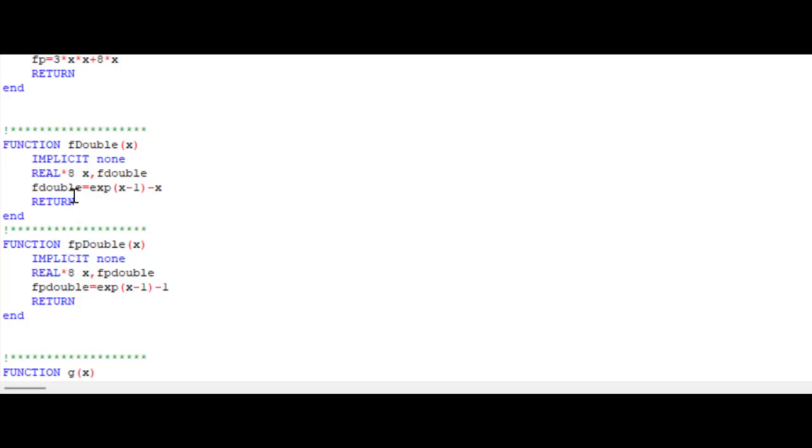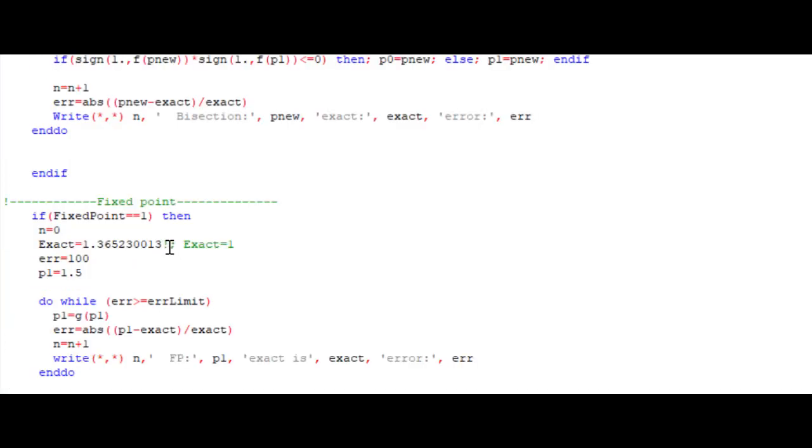And this is the derivative of this special function. As you see here, the root is x equals 1. So both the function itself and its derivative are 0 at x equals 1. So the root of this function is a double root. And of course, I have to change the value of the exact root, which is 1.